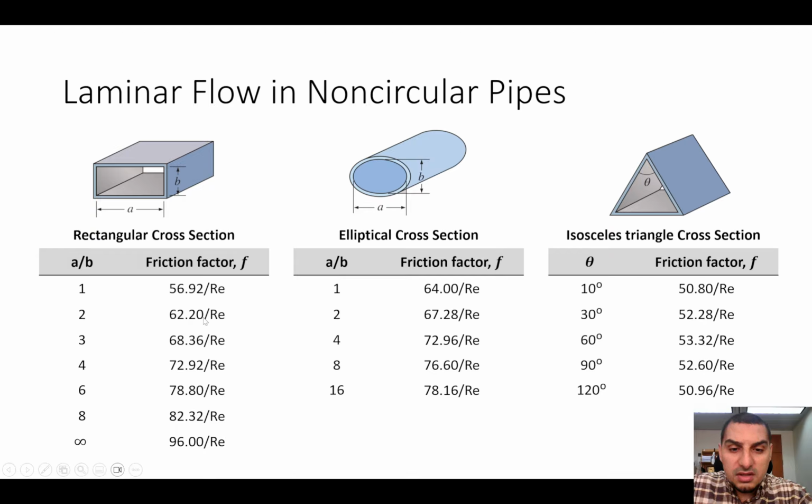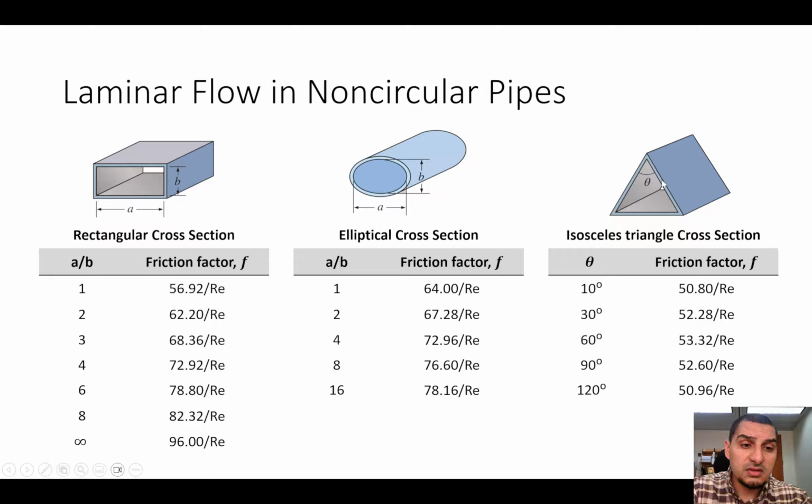The same for elliptical cross-sectional areas. We have the major and minor radii. If it's a circle, then the two radii are equal, so A over B equals 1, and it's going to be 64 over Reynolds number. The same for the rest, we just need to know the ratios, and from the ratios we can get the constant.